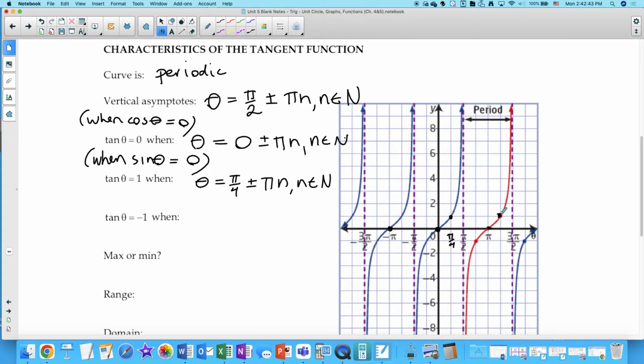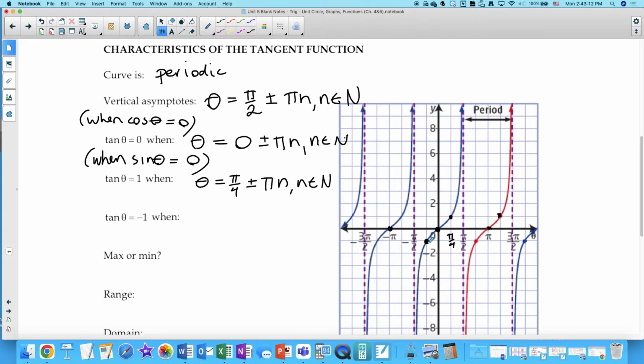Tan theta equals -1. Now, you could put 7 pi by 4 if you want. 7 pi by 4 is this point actually over here. But I personally prefer to think of it as negative pi by 4 over here because I imagine the unit circle and just going 45 degrees in the opposite direction. And I like thinking of my tan graph sort of having rotational symmetry around the origin.